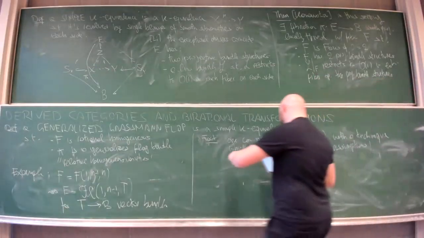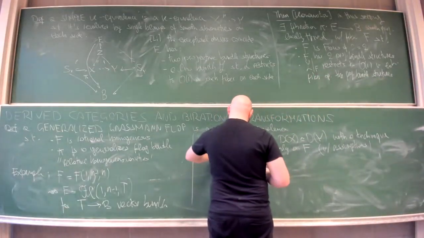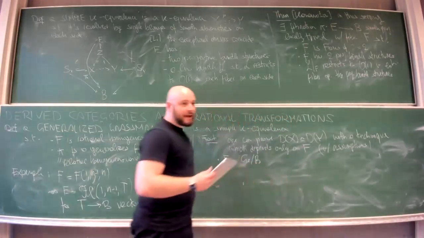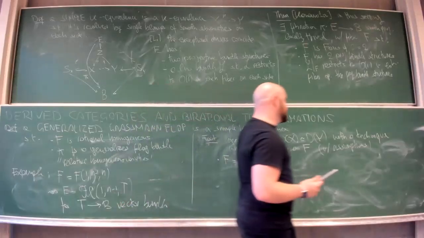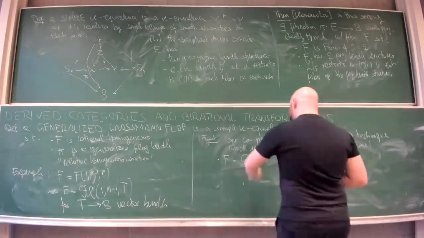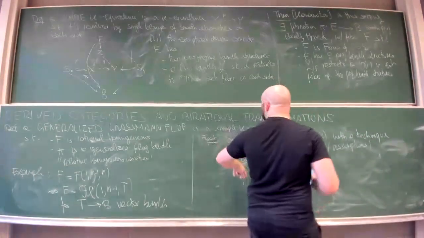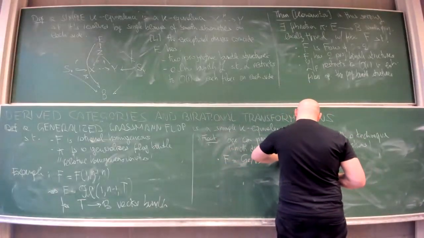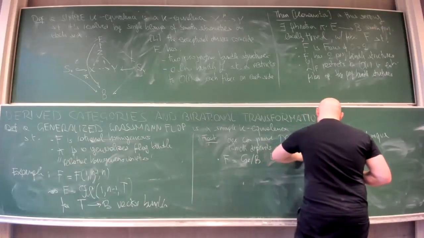So, for instance, if F is the G2 complete flag, so you take the simple Lie group of type G2 and you quotient it by the minimal parabolic subgroup, then you have derived equivalence of the associated flop by Hutzenson and by Weda.